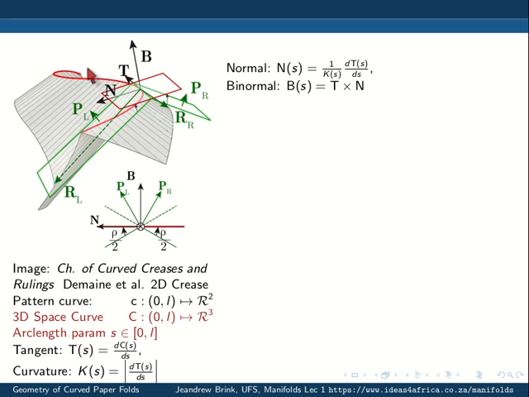Okay, and then what we're going to do next time, and I'm actually going to stop here before I get into it too deeply and we go over time, is on both sides of this curve, I'm going to have developable surfaces.